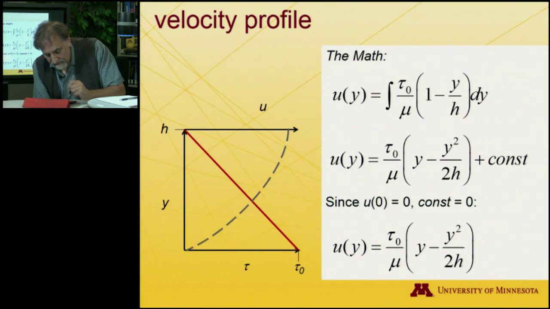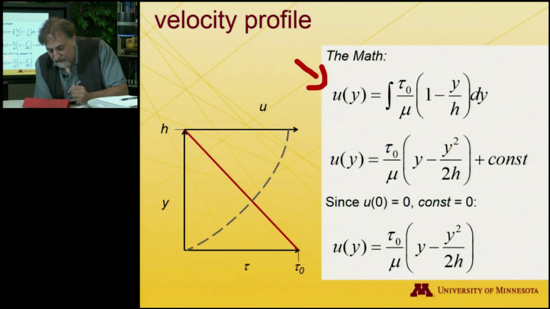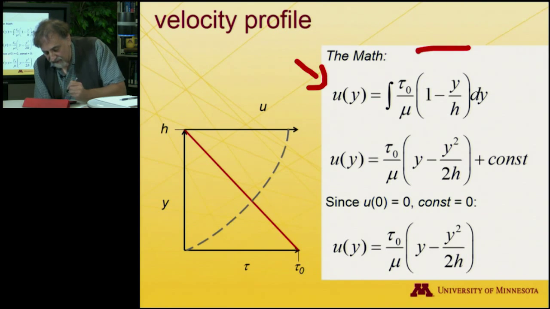Continuing the math, here is the equation that we derived on the last slide. That's the integral. The shear stress at the bottom, tau naught, and the viscosity are constants, so we can take them out. Then you're left with an integral that you learned how to do in Calculus 1. The 1 integrates to a y.